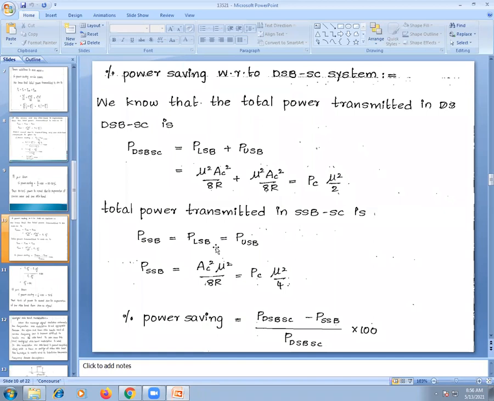Now we know the total power transmitted in DSB-SC.